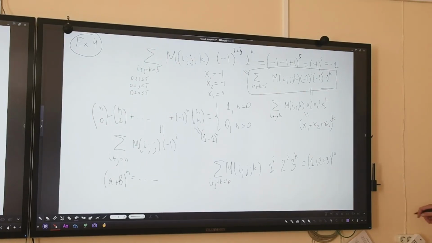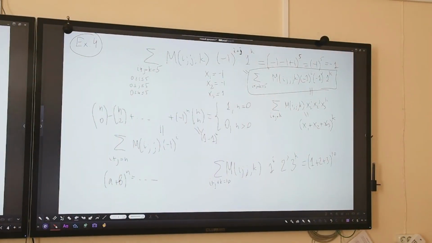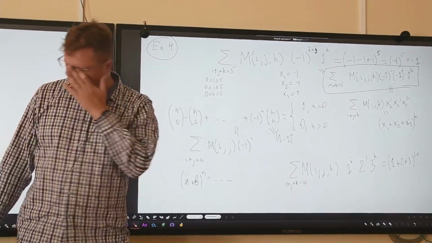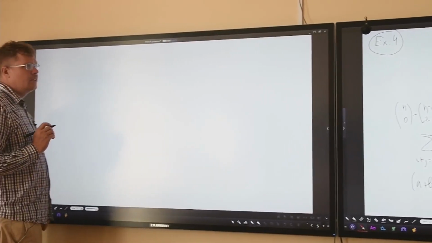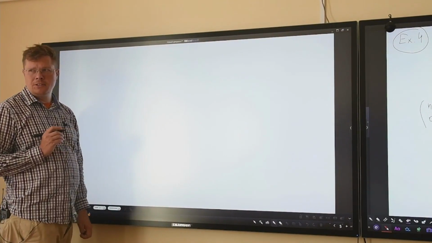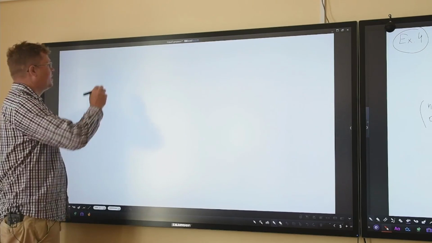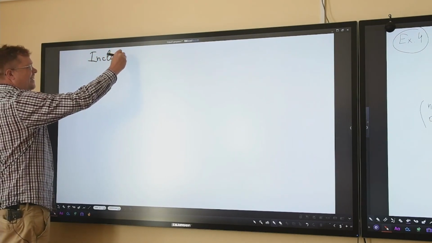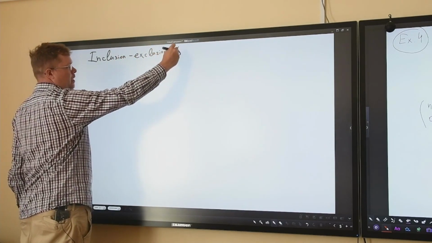Okay. I think this is more or less all for today, but I want to ask you about what you have completed in the first part of the course. Are you familiar with the inclusion-exclusion formula? Did you prove it? No, I don't need to prove it.